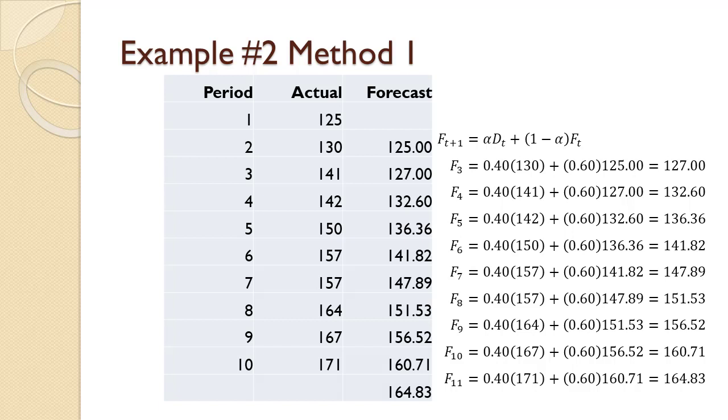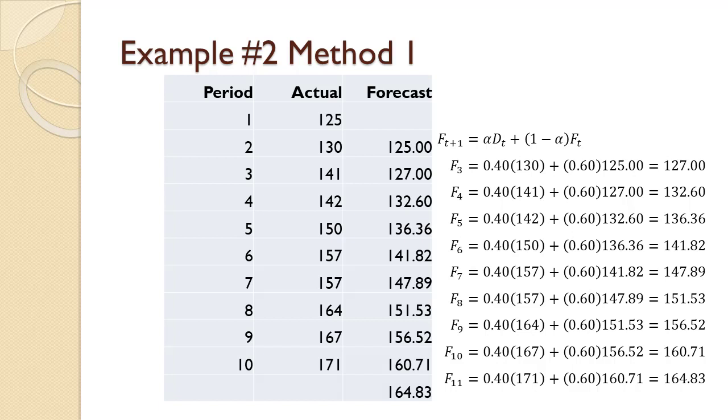F7 equals 0.40 times 157 plus 0.60 times 141.82, which equals 147.89. F8 equals 0.40 times 157 plus 0.60 times 147.89, which equals 151.53. F9 equals 0.40 times 164 plus 0.60 times 151.53, which equals 156.52.